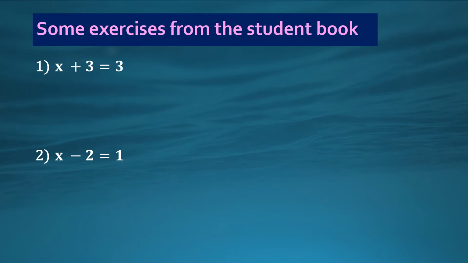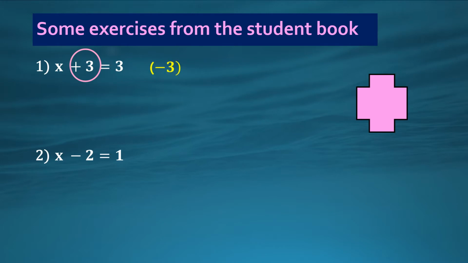Here we have some exercises from the student book, and you have to find the solution set of each one. In number 1, x plus 3 equals 3. Here we have addition operation. That means we will use the opposite of this operation. The opposite of addition operation here is subtraction operation.